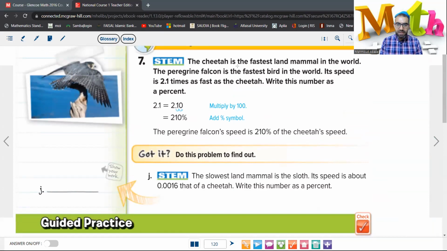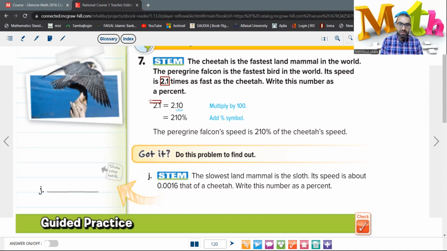The cheetah is the fastest land mammal in the world. The peregrine falcon is the fastest bird in the world. Its speed is 2.1 times as fast as the cheetah. Write this number as a percent.